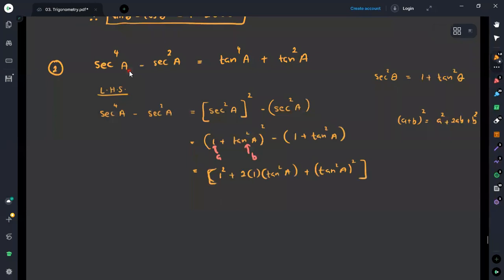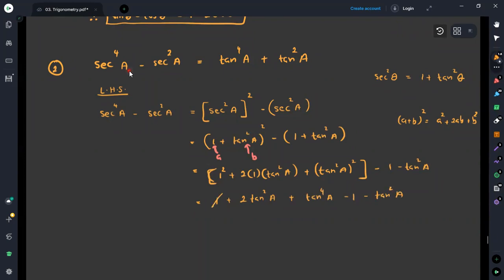Then the second bracket has to be multiplied with the minus sign, so it can be written as minus 1 minus tan squared a. Now we can solve the quantity inside the bracket. 1 squared is 1, plus 2 times tan squared a, plus tan a to the power 4, minus 1, minus tan squared a.